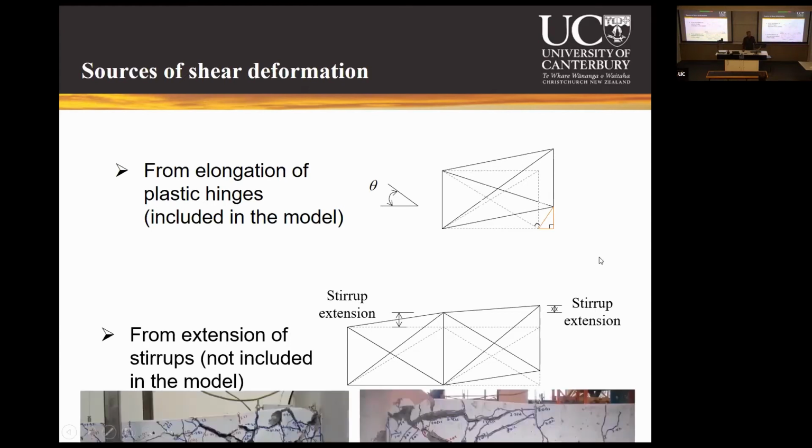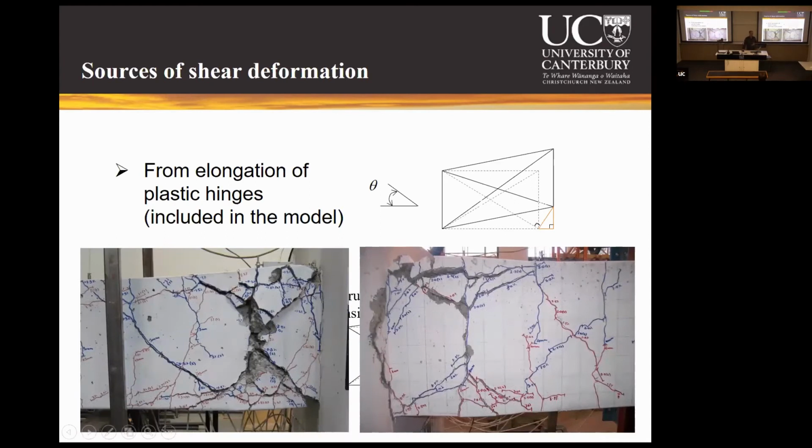When we started digging into the experimental results, even in our experiment by Adam Walker, we measured the depth and even the strain in the stirrups, and we saw the depth growing quite substantially. You can see the depth of the beam at the plastic hinge is much larger than that. And when you look at the strain in the shear stirrups, they have already yielded.